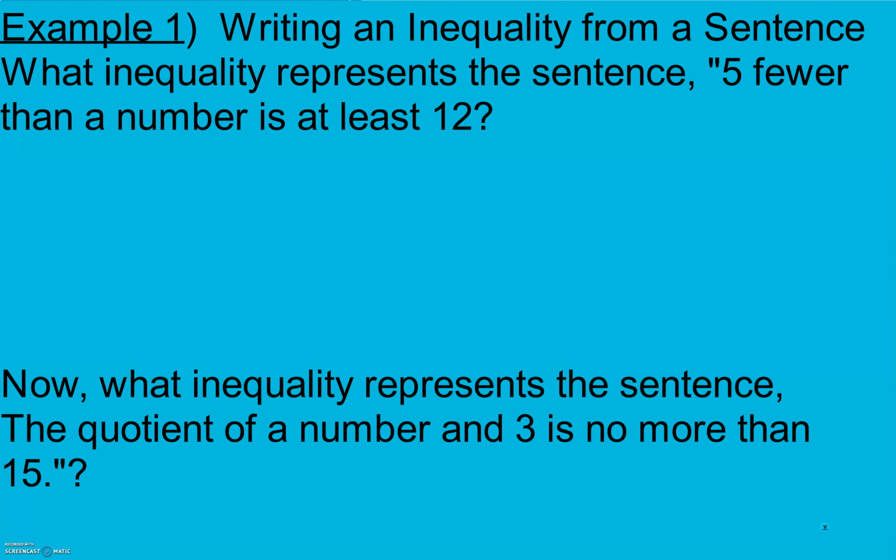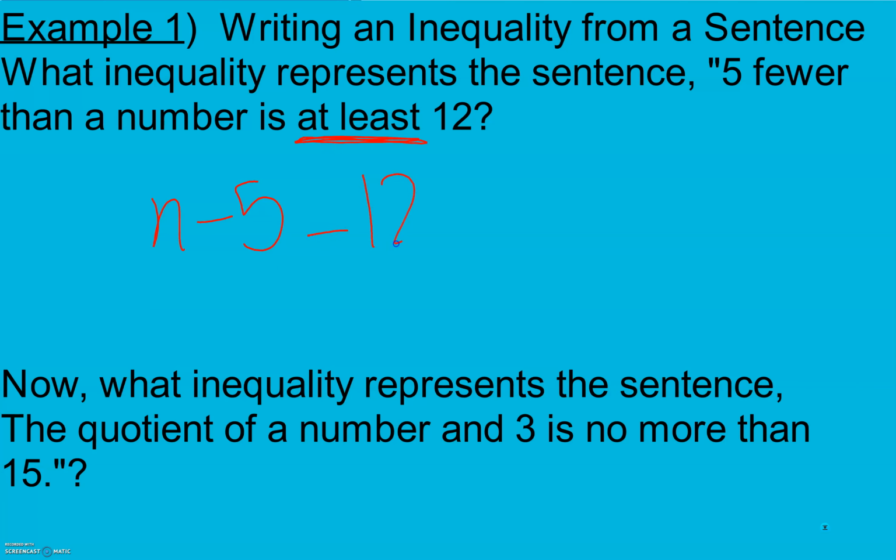In example 1, we're going to write an inequality from a sentence. What inequality represents the sentence: 5 fewer than a number is at least 12? Well, 5 fewer than a number, we want exactly 5 less than. So we're going to take a number minus 5. Now, it can be at least 12. So could it be equal to 12?